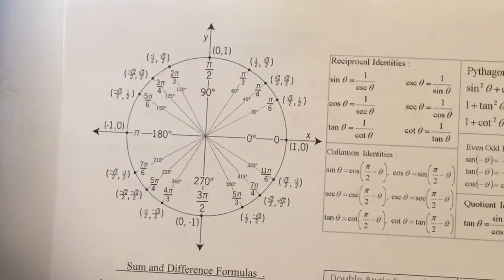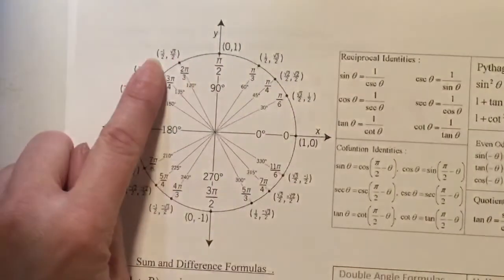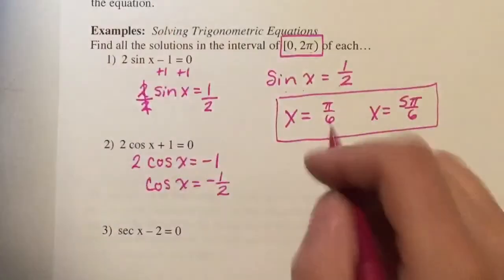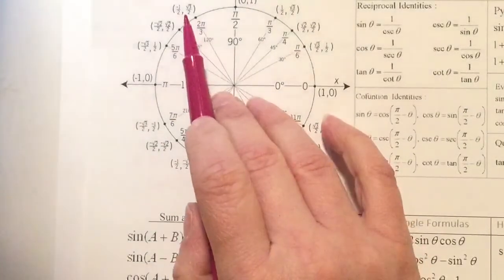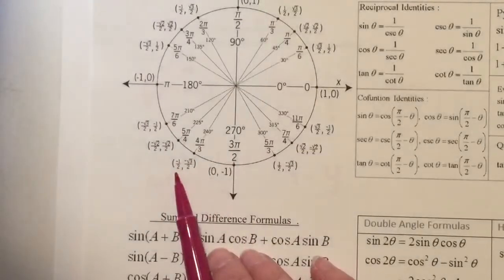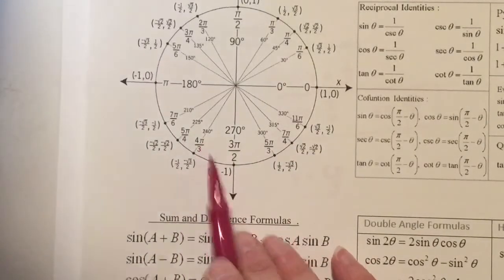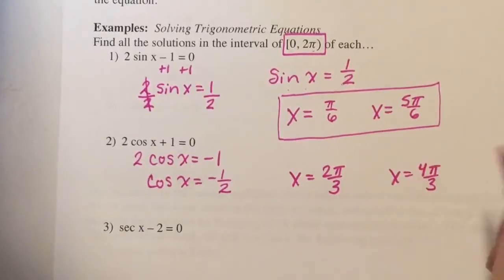If I look at the x value, I'm looking for a -1/2, oh, right here. So 2 pi over 3, x equals 2 pi over 3. And we'll keep looking. Where is the x value -1/2? I found another one right here, 4 pi over 3. So x equals 4 pi over 3.